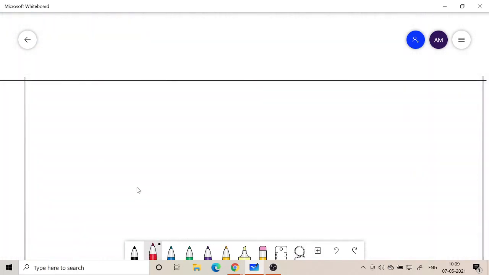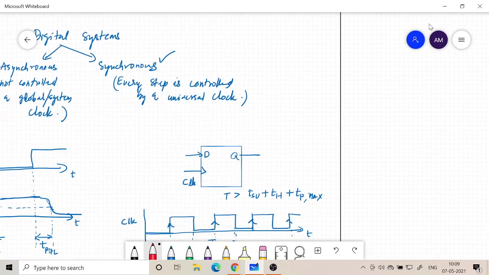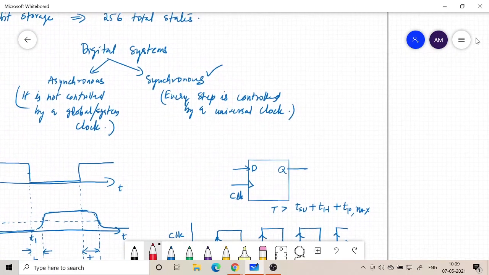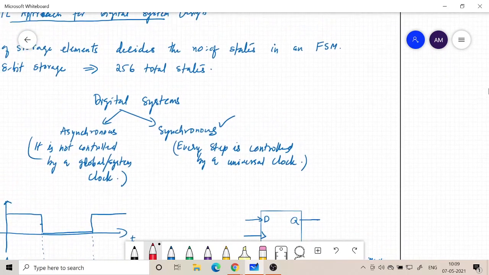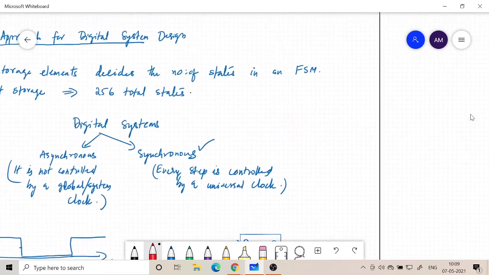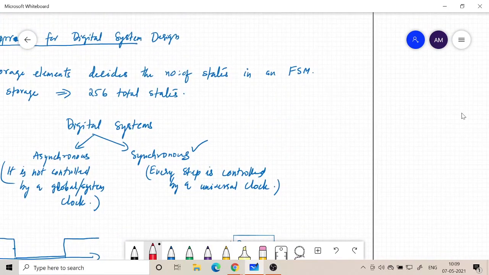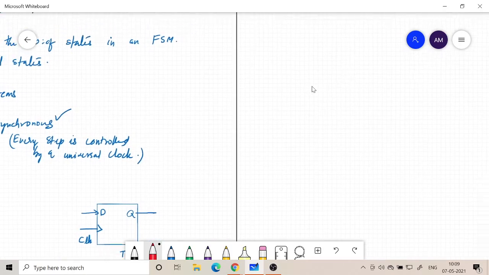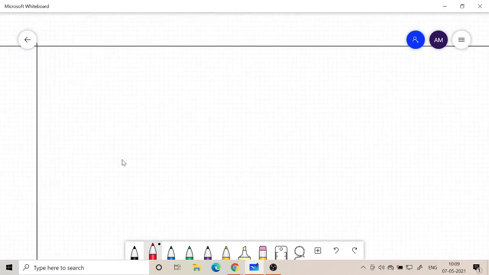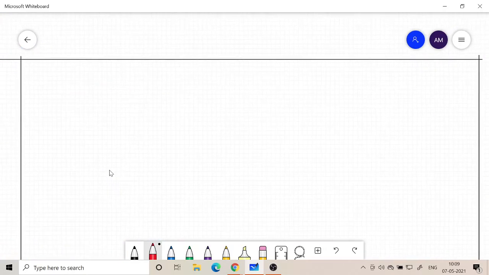Okay, so we are talking about asynchronous and synchronous. I am not sure whether I will be able to get into the RTL design today. So one advantage, I said, is that if there is a global clock, we will be able to control all the operation by using that clock, by operating that clock at a sufficiently low frequency.